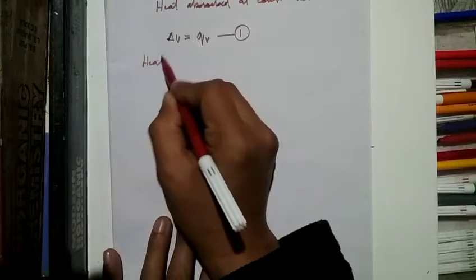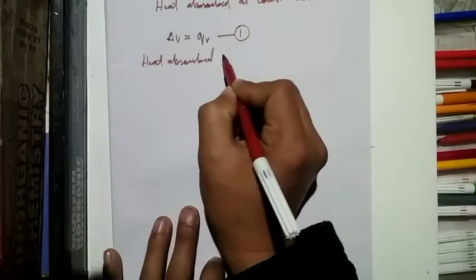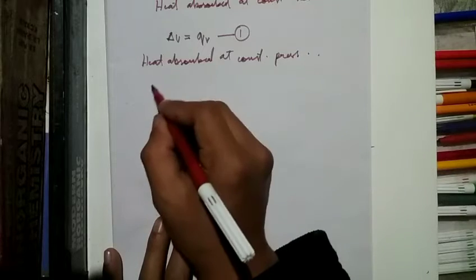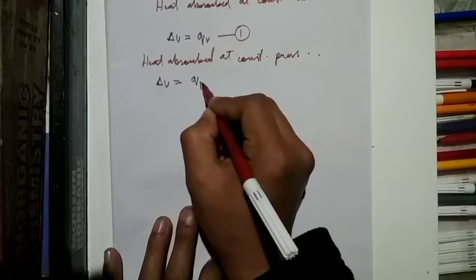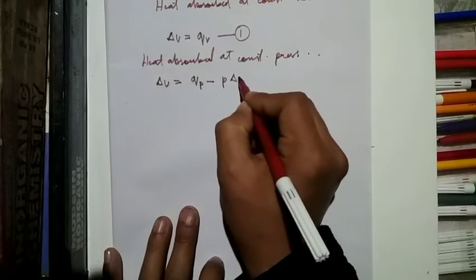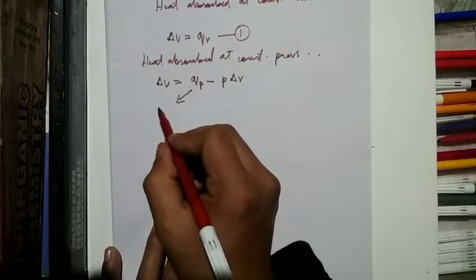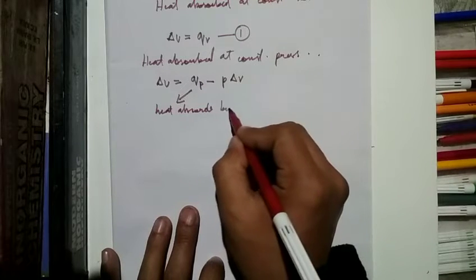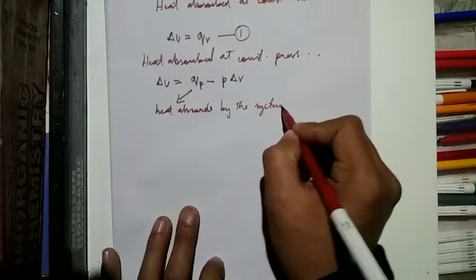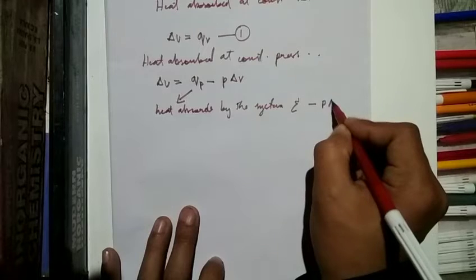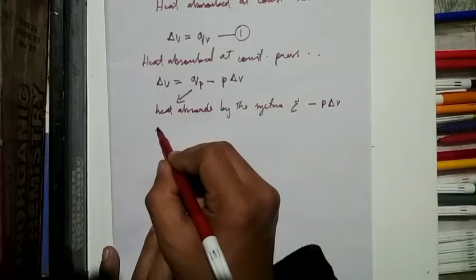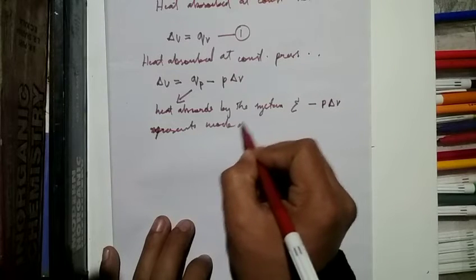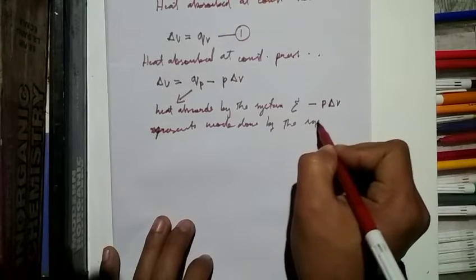Now heat absorbed at constant pressure, I'm writing in short form, can be written as delta U equals QP and P delta V. So this QP denotes heat absorbed at constant pressure by the system, and minus P delta V represents work done by the system.